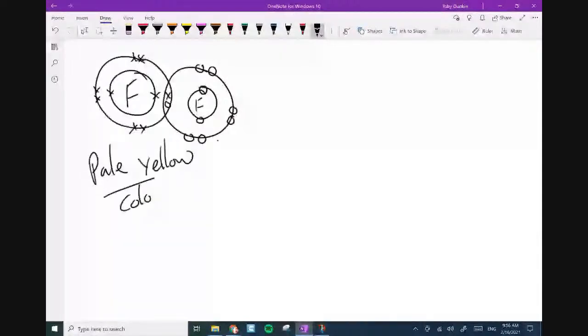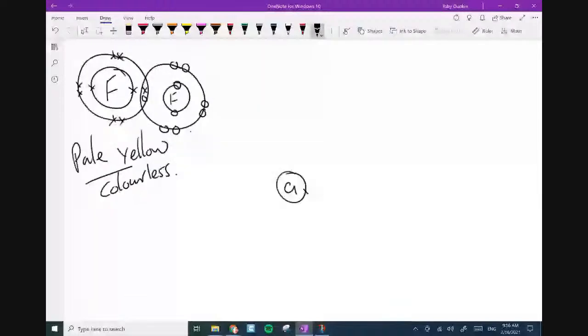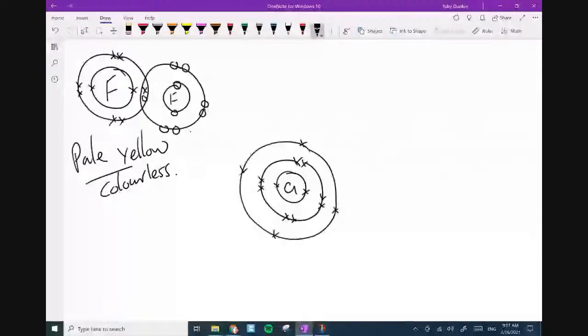So chlorine now looks like this. First shell, 2 electrons. Second shell, 8 electrons. Third shell, 7 electrons. So chlorine now has 7 electrons in its outer shell. It pairs up with another chlorine.